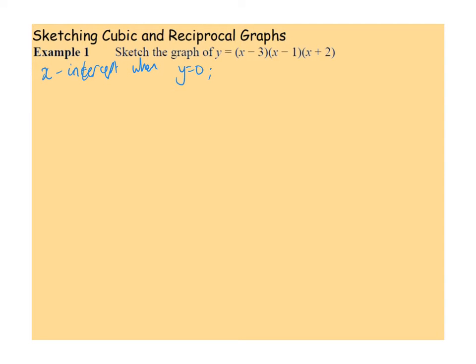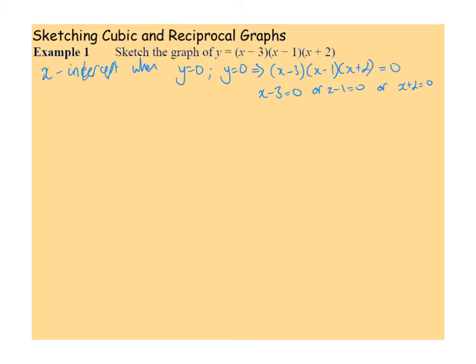And if y equals 0, that means x subtract 3, x subtract 1, x add 2 equals 0. Which means one of those 3 brackets must be 0, because you've got 3 things multiplied together and the answer is 0. The only way that's possible is if one of them was 0. So you've got x subtract 3 equals 0, or x subtract 1 equals 0, or x add 2 equals 0.